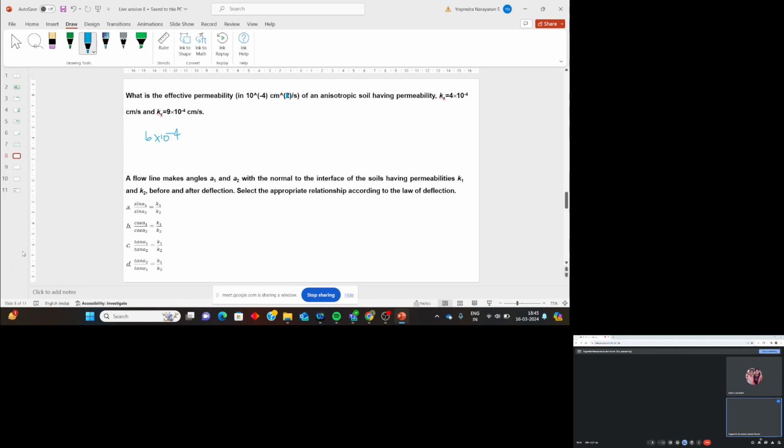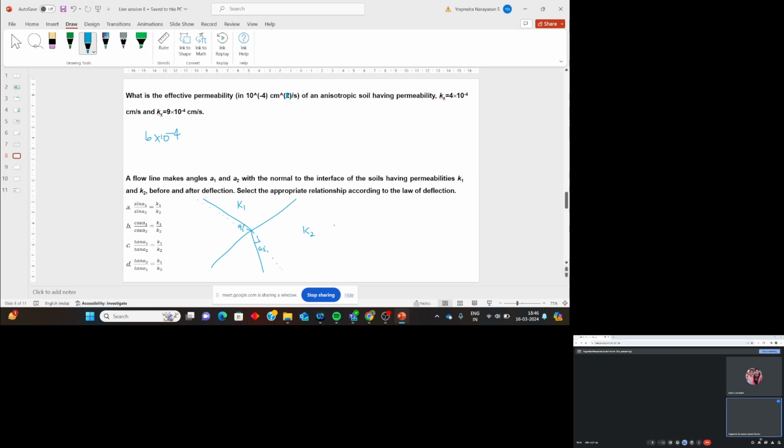So always draw the figure. This is the interface. Here it is K1, here it is K2. Now the flow line is hitting like this and deviating like this. Angle of incidence: you draw a perpendicular to this line, this will be angle A1. Draw a perpendicular to this line, it will be A2.